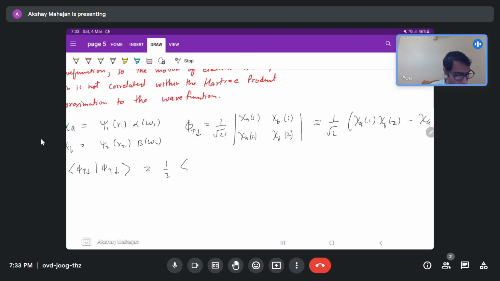You open this chi and everything, and what you will get is psi 1 of 1, alpha of omega 1 and alpha of omega 1. Then you have psi 2 of 2.